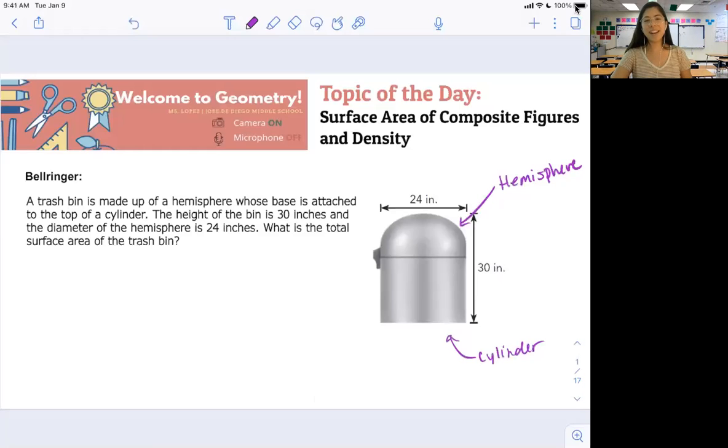But anyways, we are wrapping it up, which means I'm only covering what's on the outside. So if you think about it, if I take this cylinder, technically this cylinder has a top as well as a bottom, right? But what part am I not going to have to count?